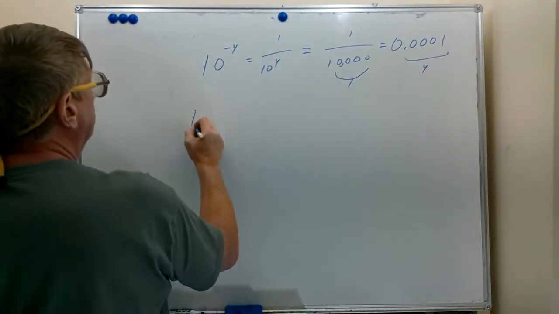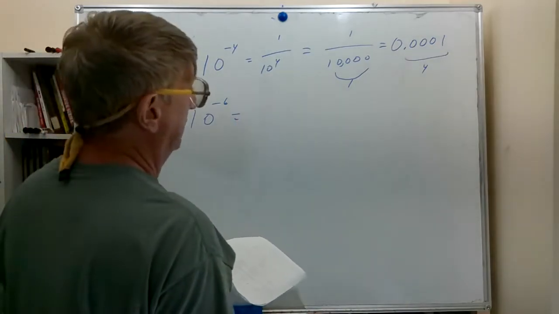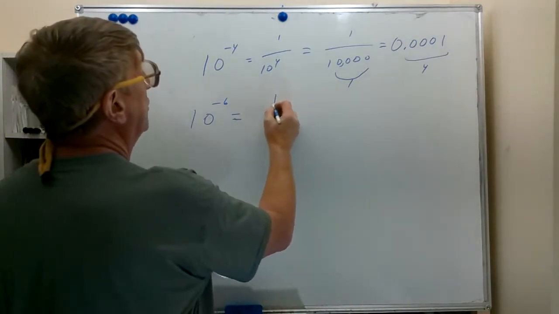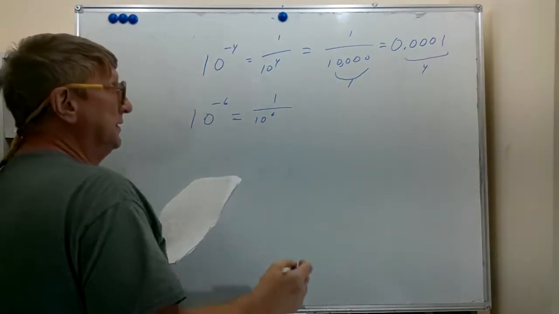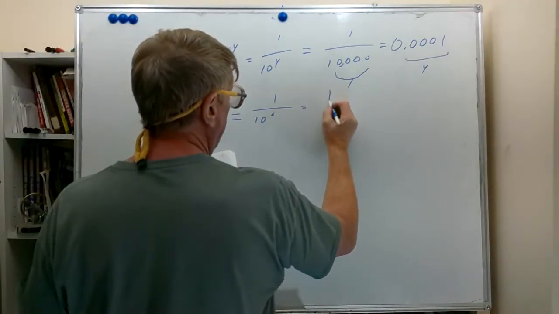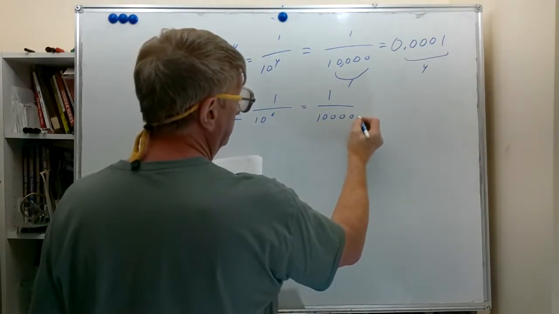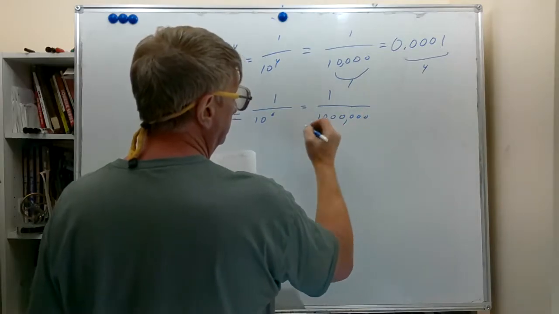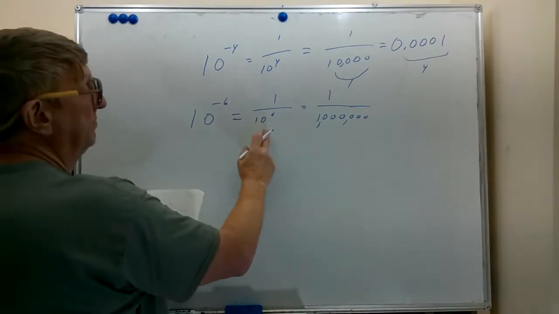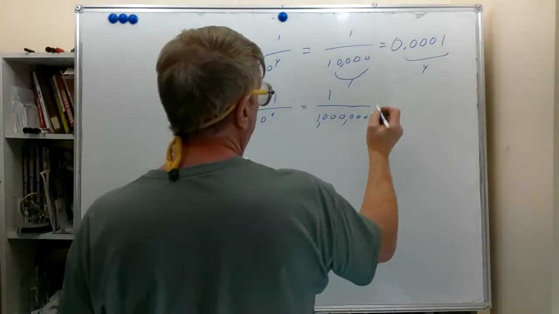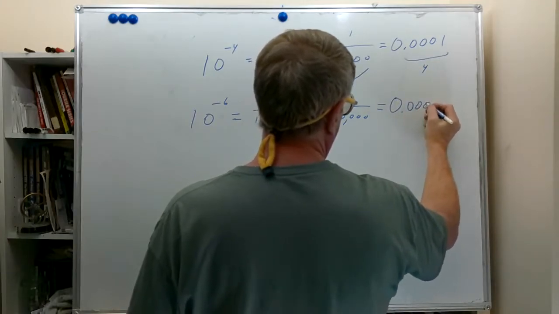We'll do one more. 10 to the minus 6. That's 1 over 10 to the 6th, which will be 1 over 10 and 6 zeros. Negative 6, change sign, 6 zeros, but that's also equal to 0.1, 2, 3, 4, 5.